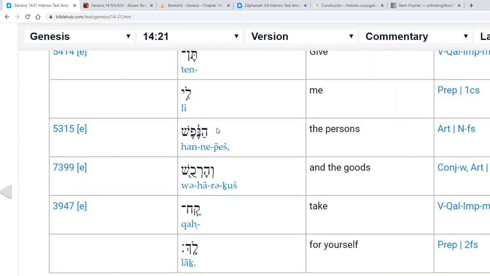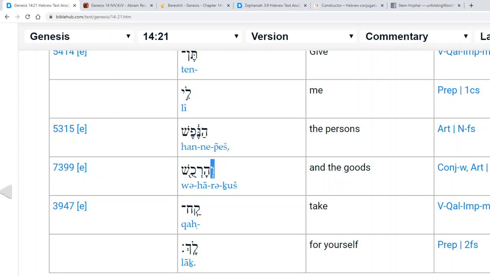Tenly, ha nefesh. So the hey is the article. Nefesh literally means soul, right? Give to me the soul, ha nefesh. I would almost translate this as the living. Give to me the living. That's how it seems to me.